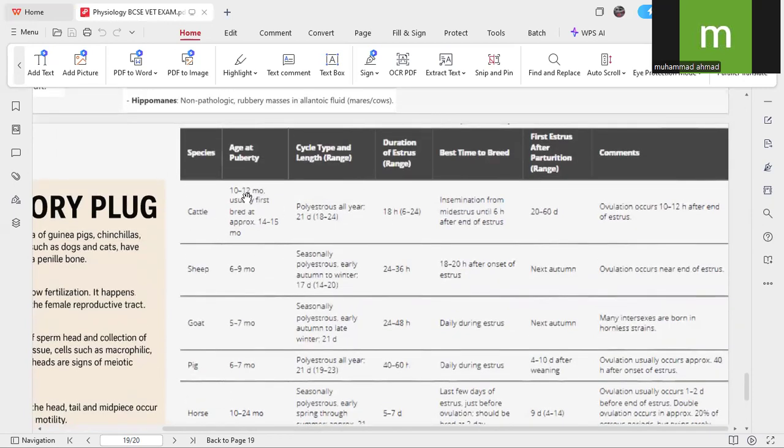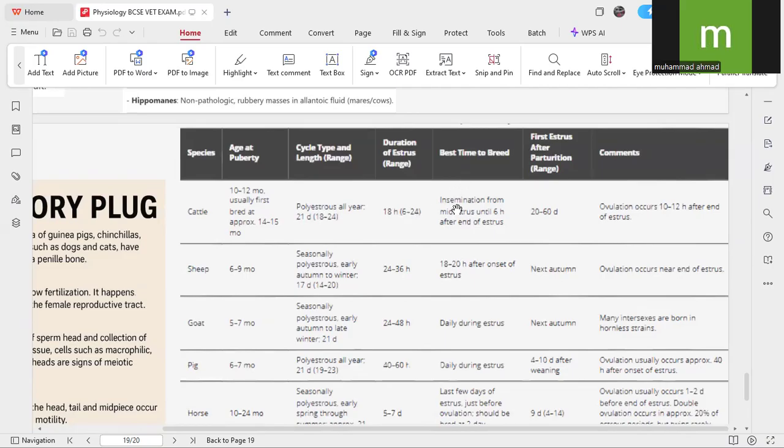Cattle: puberty at 10 to 12 months, usually first bred at approximately 14 to 15 months. Cycle length is 21 days, ranging from 18 to 24. Polyestrous all year. Heat duration is 18 hours.